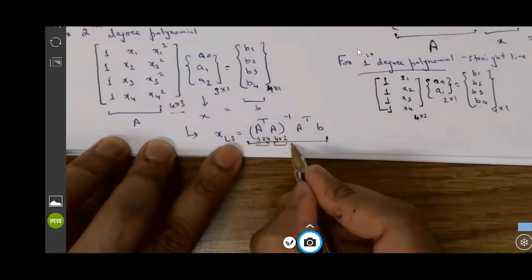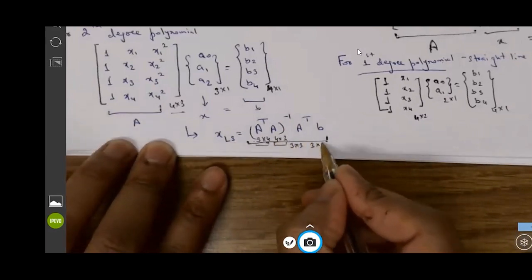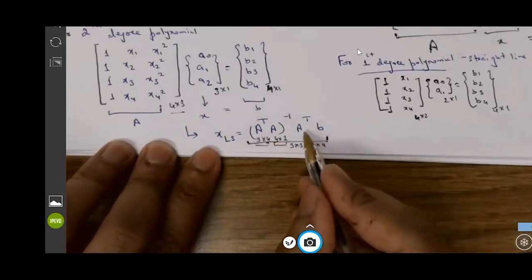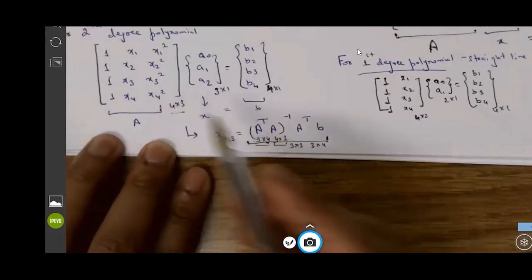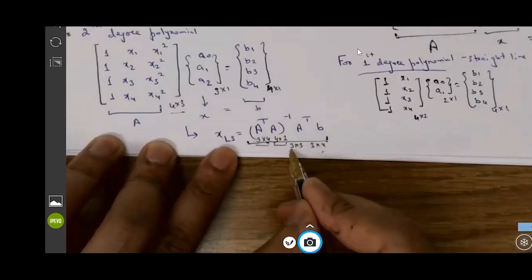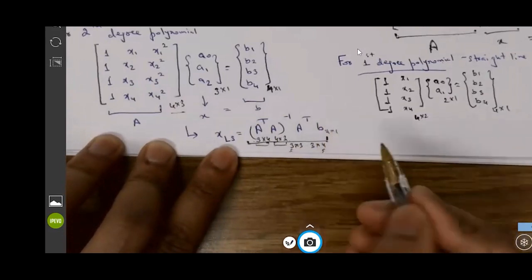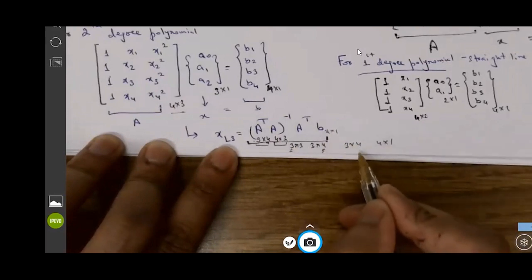So 3 cross 3 multiplied with A transpose, which is 3 cross 4. What will be the output, Denzel? 3 cross 4, perfect. And this multiplies with the B vector, which is 4 cross 1. So 3 cross 4 multiplied with 4 cross 1. What will be the dimension?